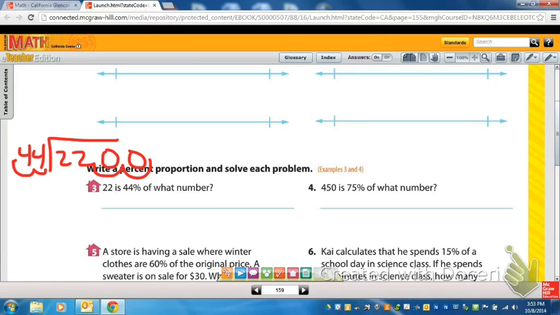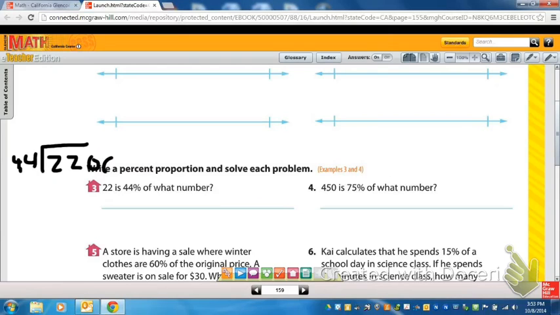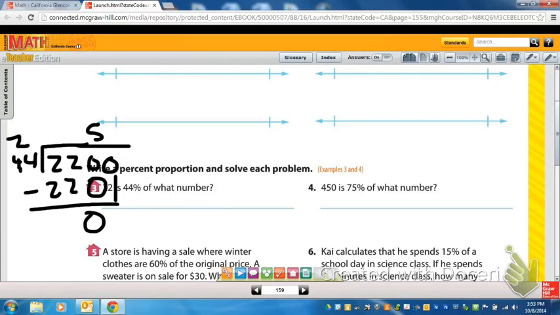So now it's 2200 divided by 44. 44 into 22 goes 5. 5 times 4 is 20. 5 times 4 is 20 plus 2 is 22. Bring down my other 0, and 44 into 0 goes 50.